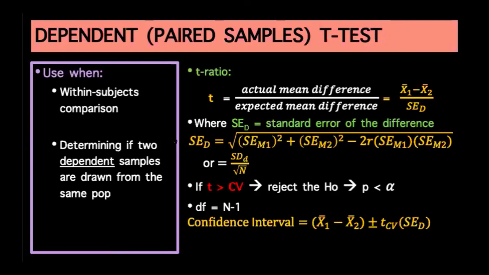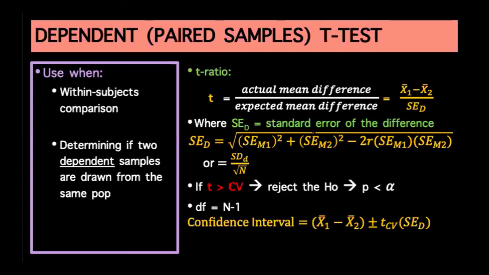However, the way that we calculate the standard error of difference is not the same as an independent t-test. That's because we have to put in this correction factor that is relative to R. And we'll talk about that in the next slide.